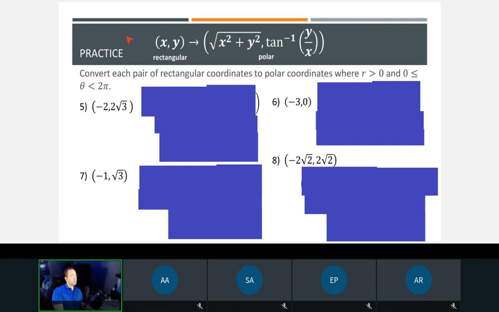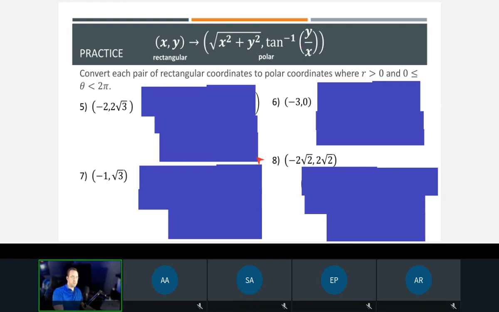Okay, so let's get number 5. All right, we want to convert the xy coordinates, -2, 2 radical 3, to polar. And then there's the formula right here. So go ahead and set this up as you see here. You're just basically plugging in x and y into, well, x and y up here.